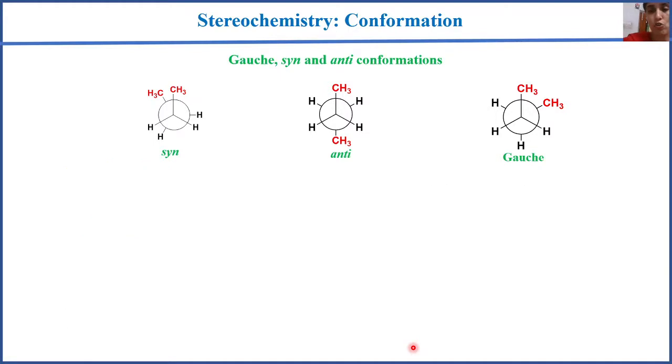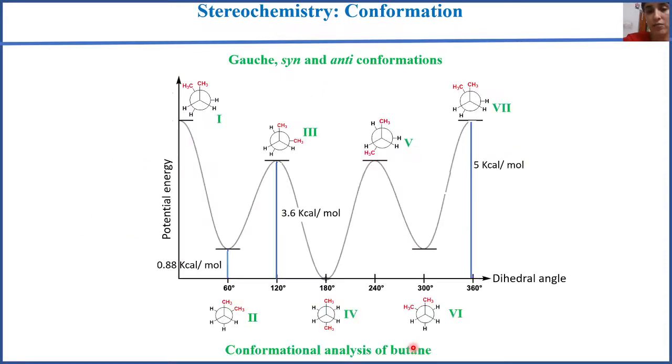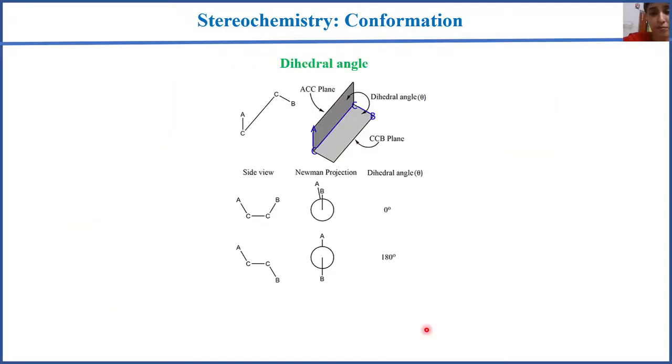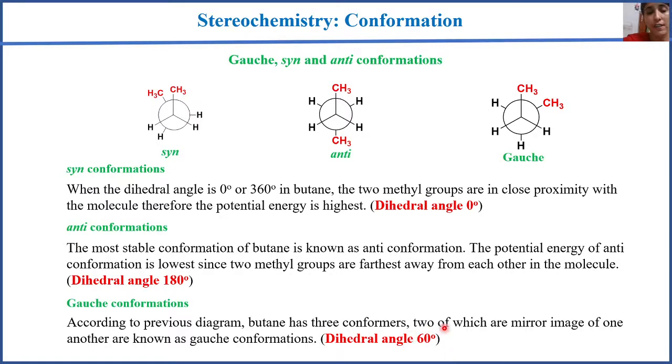You just see our observation that if we take 2 and put a mirror over here, then we will get 6. So these two are mirror images of one another. So this is our gauche conformation.